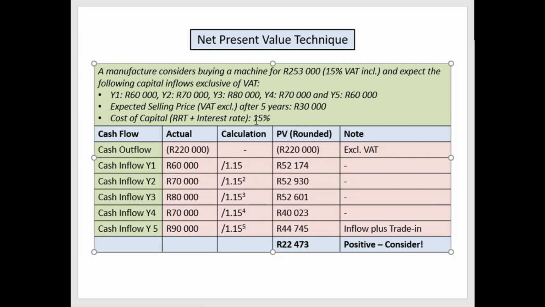You don't even consider going on with the project because it's not beating your rate of return. It could be that you see it's negative and you say, maybe my expectations were a little high. Maybe I should drop my expectations, and then you can try and calculate it for a lower rate. But in this particular case, it stops there and it is positive, so we can consider it.